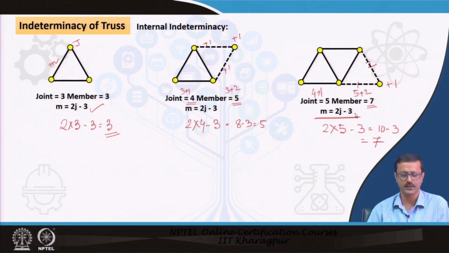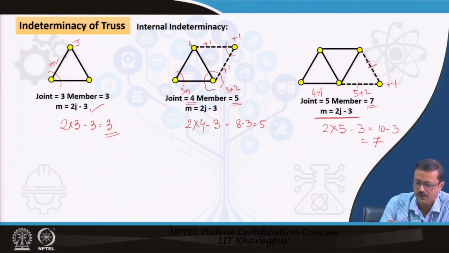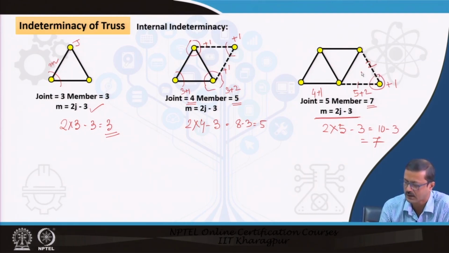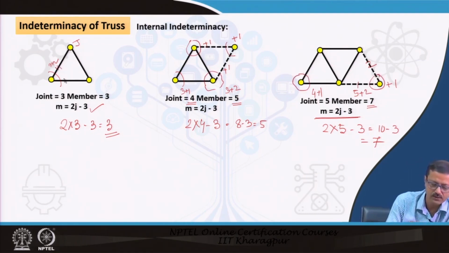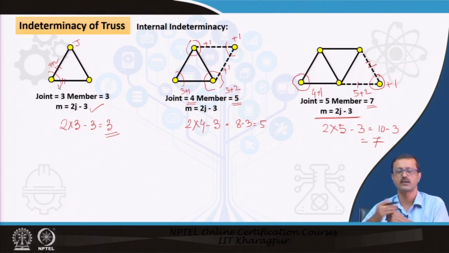So, here what happened is that if you have 3 such members, and out of those 3 members, these 2 members are connected at this particular joint. Of course, this joint has 3 member connections, but at least there are 2 members connected at 2 such points. We can easily find the forces because of these 2 static equilibrium equations, sigma fx equal to 0 and sigma fy equal to 0.